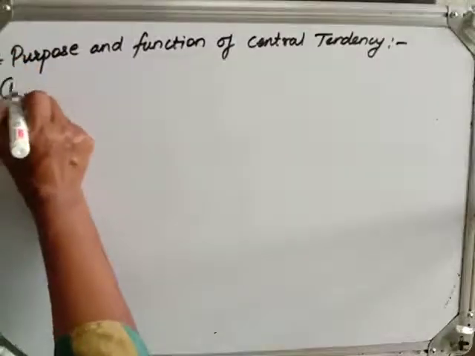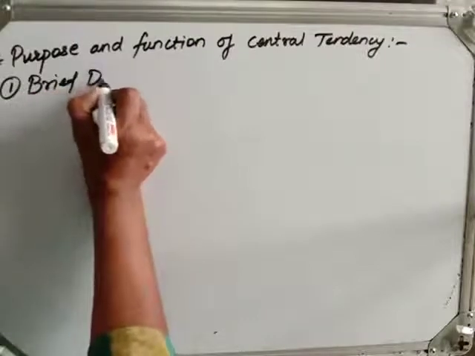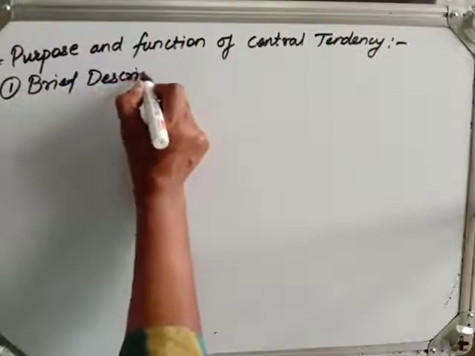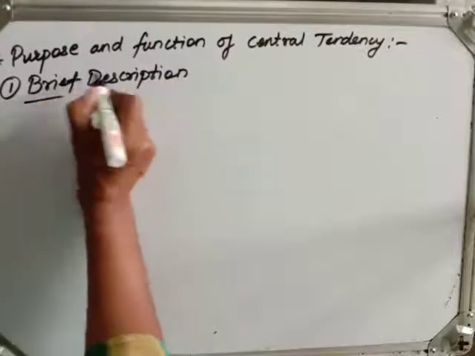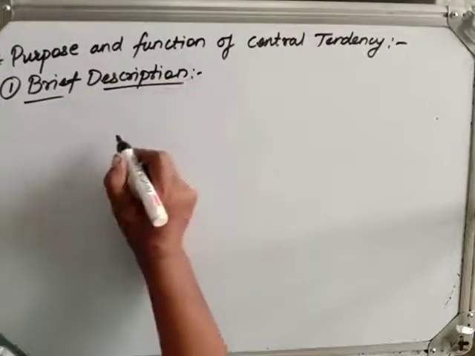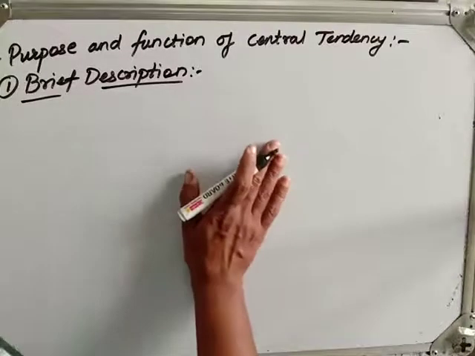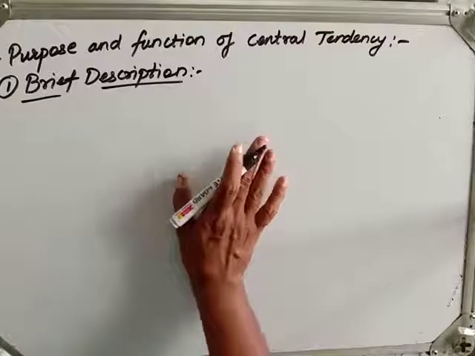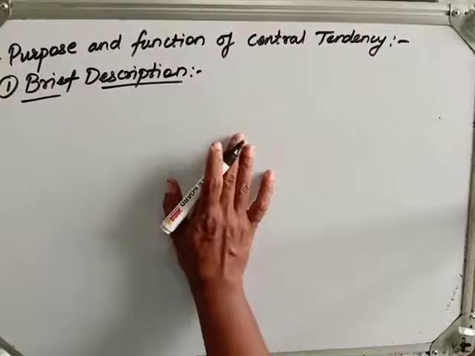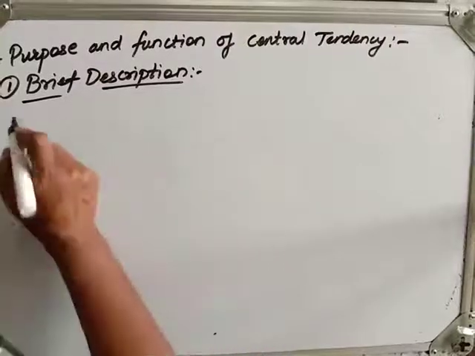The first purpose is it gives us a brief description. What does it mean? After doing all the operations, we get a brief description of a series. As in the previous example, average marks are 92. So here average helps us to describe the whole series.